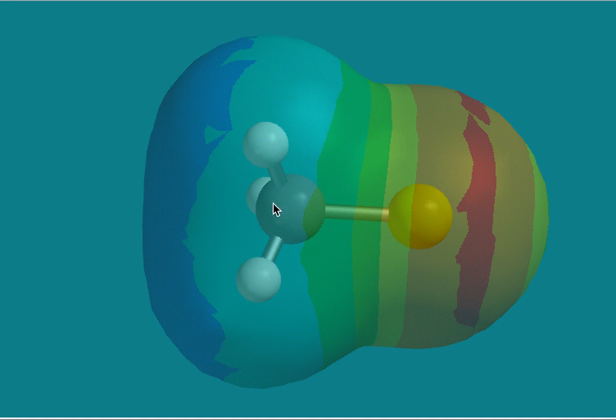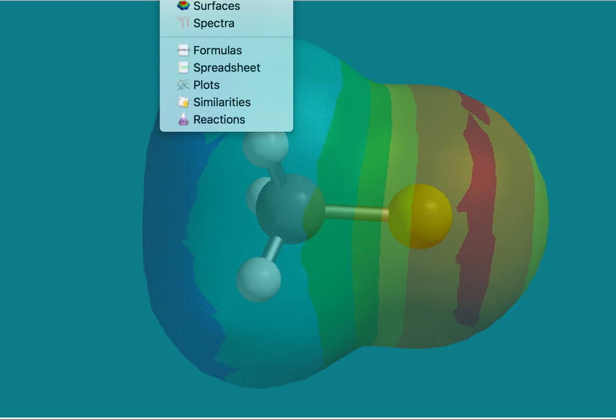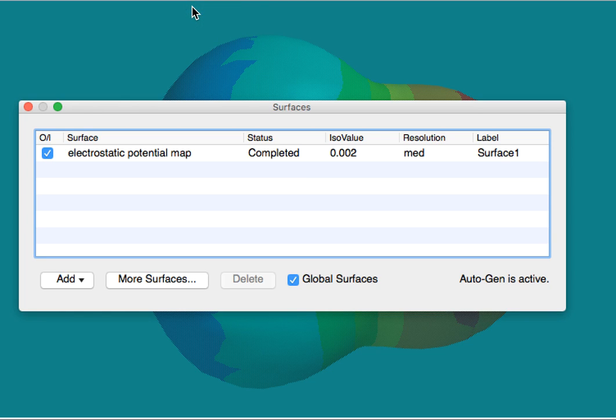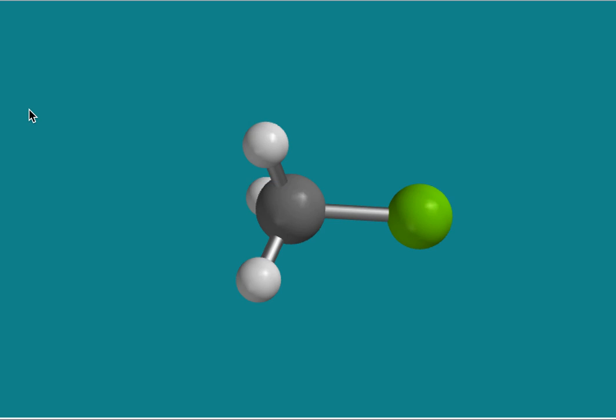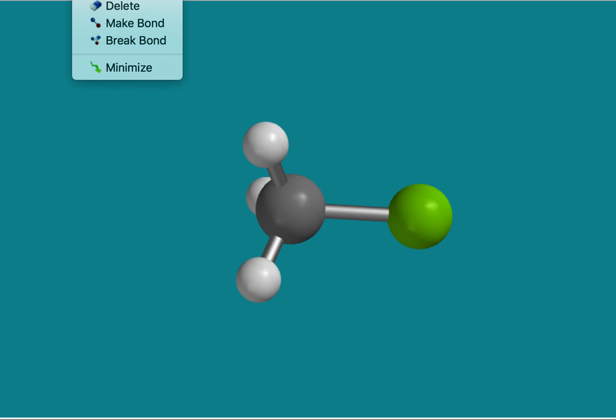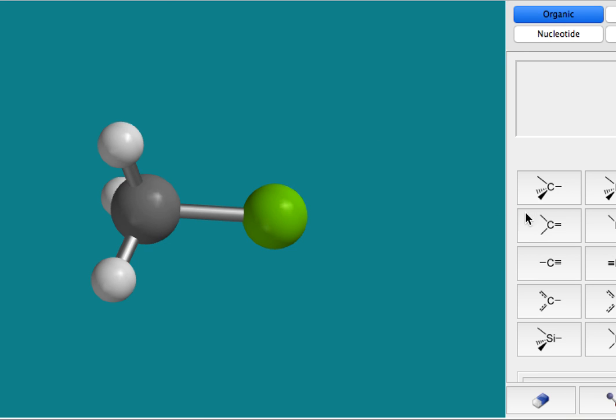Okay, so here's our alkyl halide, and this we would call a methyl halide, right? The halogen is directly bound to an alpha carbon that has bound to no other carbons, and so this is a methyl alkyl halide. Let's see if I can get rid of this surfaces display, and let's show this.